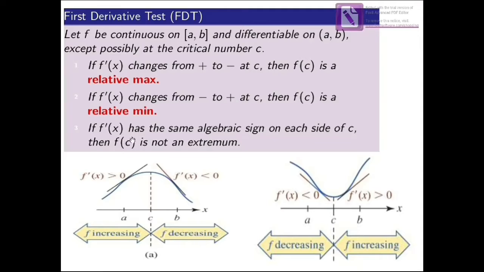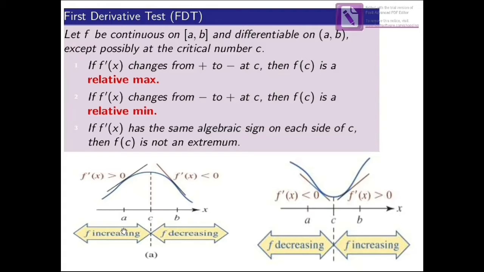But if f prime of x has the same algebraic sign on each side of c, then f(c) is not an extrema. So for example, if your derivative is negative, then negative, we say that there is no relative extrema. Or if it is positive, then positive, we say there is no relative extrema.